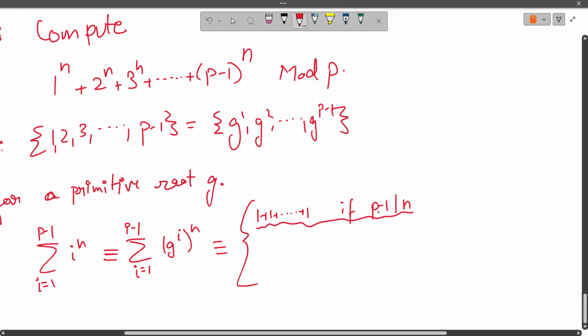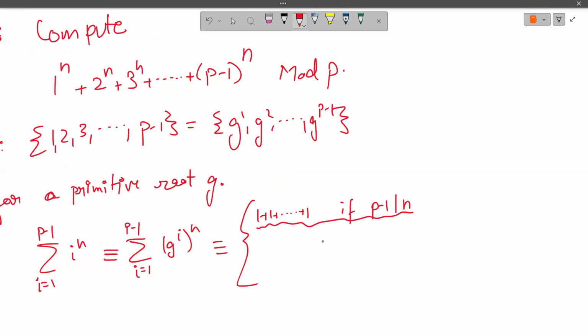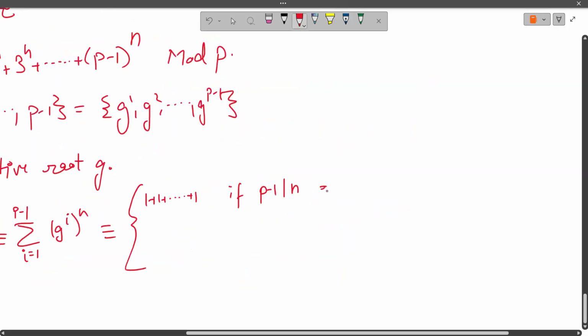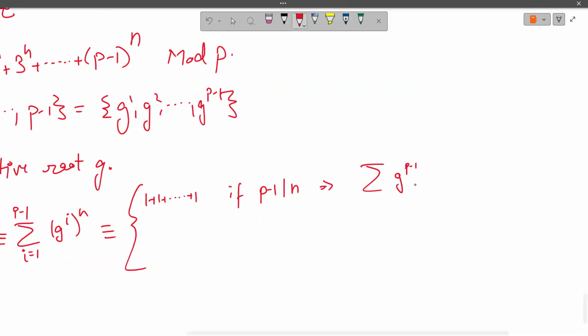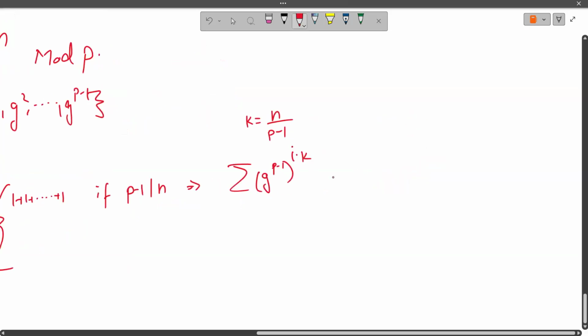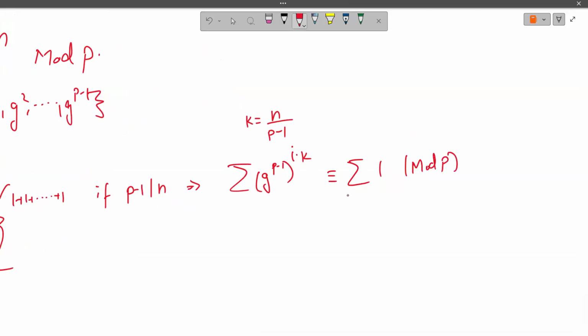Because then you can transform the thing to say g raised to p minus 1 raised to something. Yes, precisely. So in this case, you just get summation g raised to the power p minus 1, raised to the power i times k, where k is equal to n divided by p minus 1. And this is obviously just congruent to summation of 1 mod p. Is this clear to everyone?